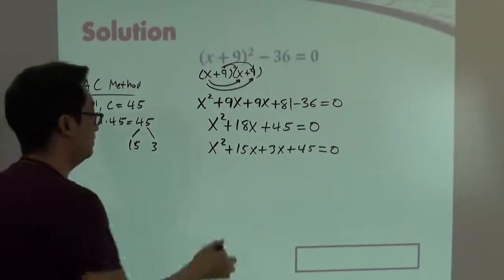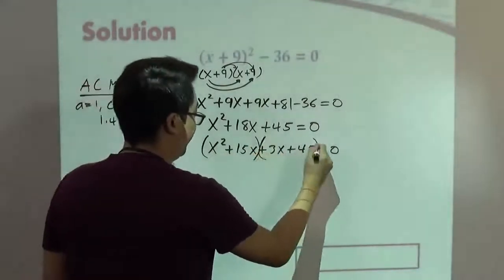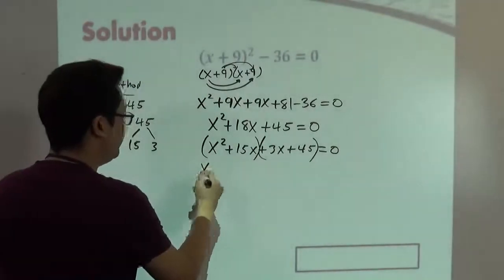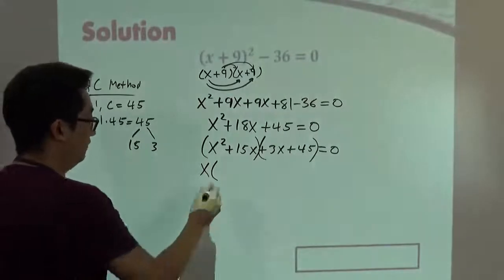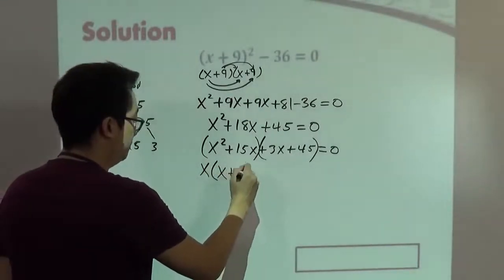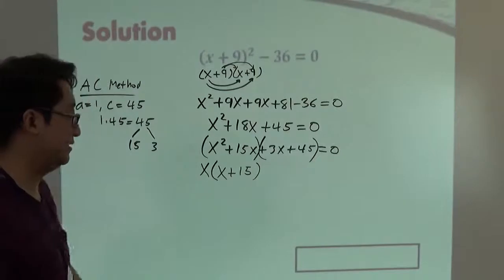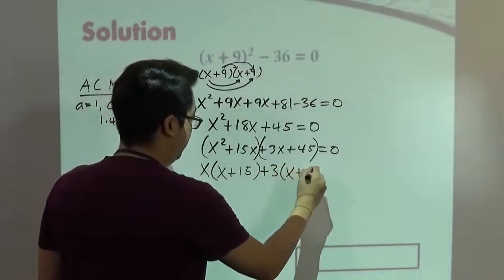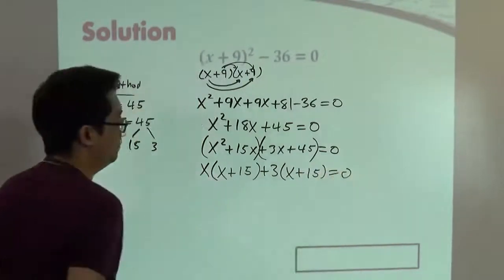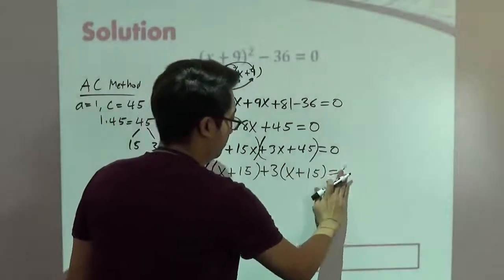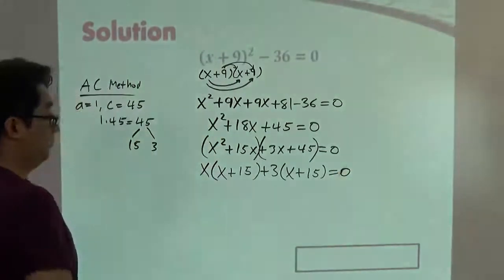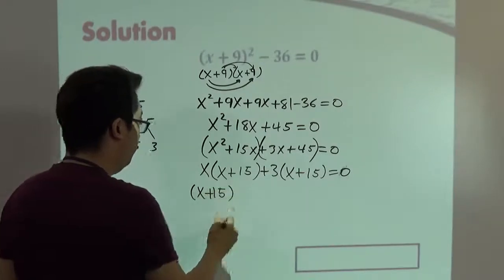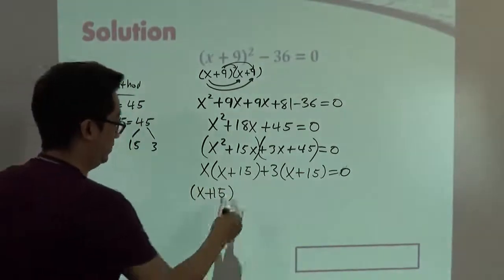Now I group my terms, the first two and the second two. What's common in my first set of parentheses? That should be x, and what's left over is x plus 15. In my second set of parentheses, I can pull out a 3, and again I'm left with x plus 15. I see that x plus 15 is in common, so I pull that out. Now my leftovers should be x plus 3.